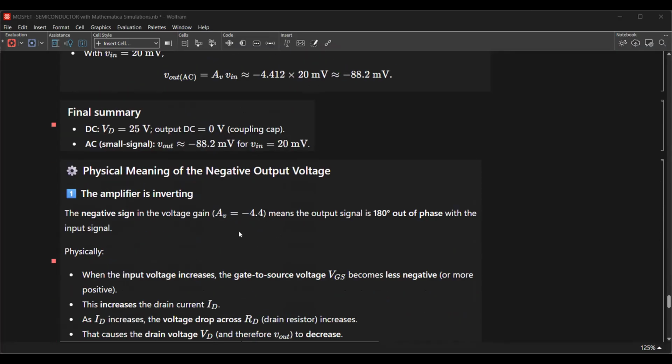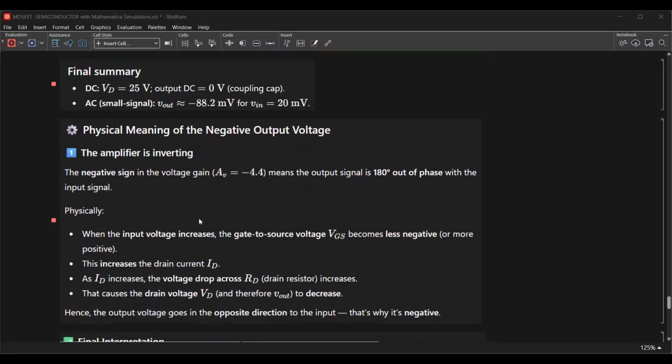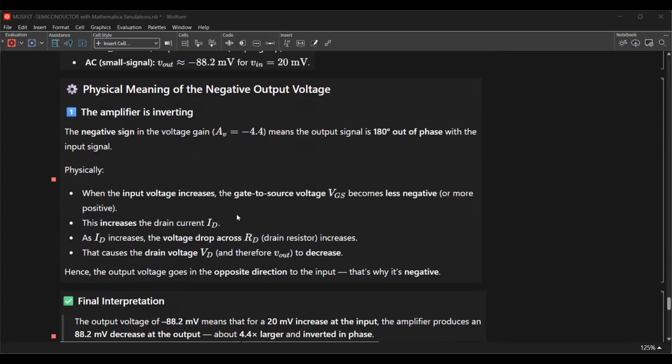We have the physical meaning of this. Meaning of the negative output voltage: the amplifier is inverting. The negative sign in the gain, negative 4.4, means the output signal is 180 degrees out of phase with the input signal. So physically, when the input voltage increases, the gate to source voltage becomes less negative or more positive. So this increases the drain current ID.